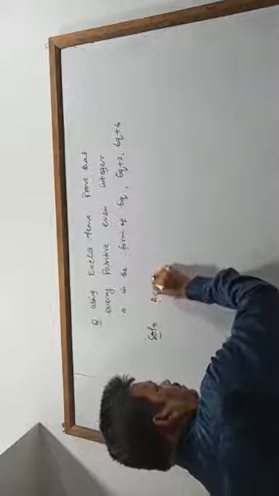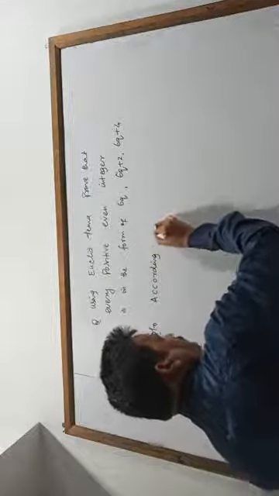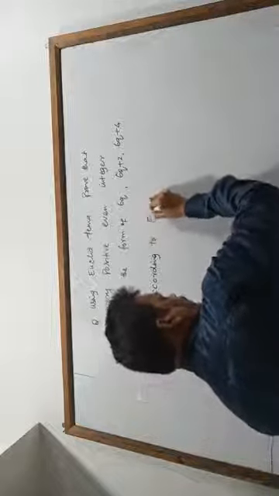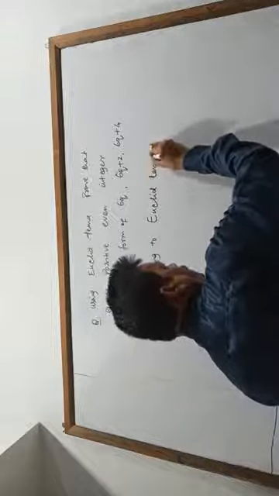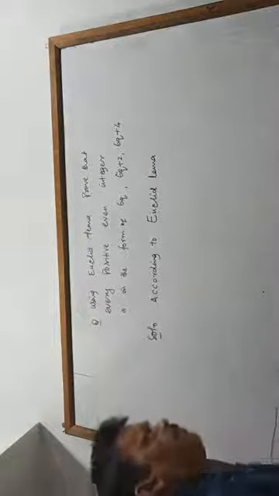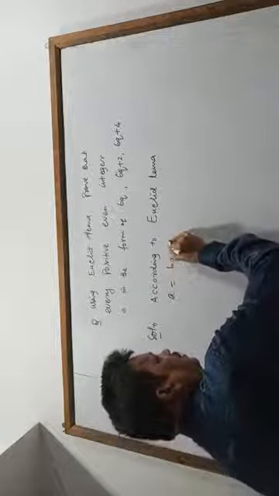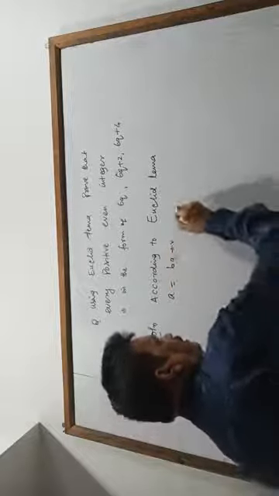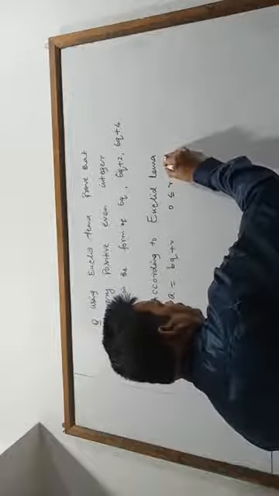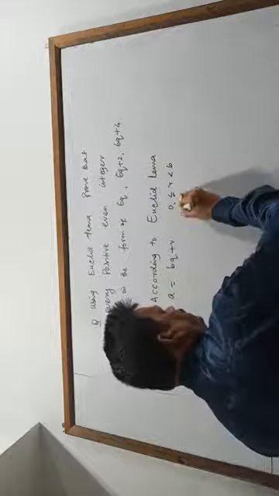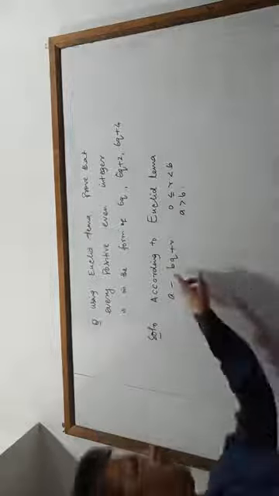According to Euclid lemma, A equals BQ plus R, where 0 is less than or equal to R less than B and A is greater than B. Okay, now what is B for us?